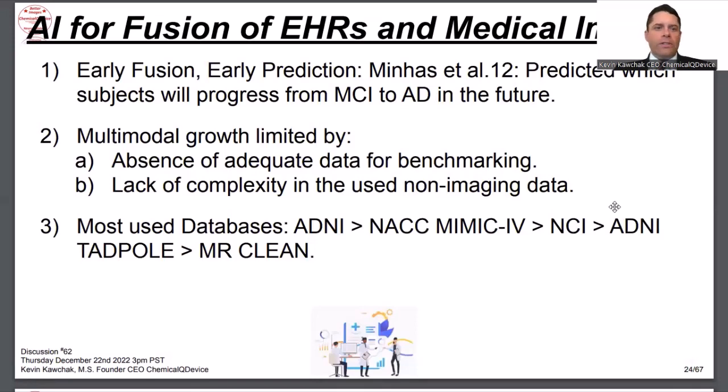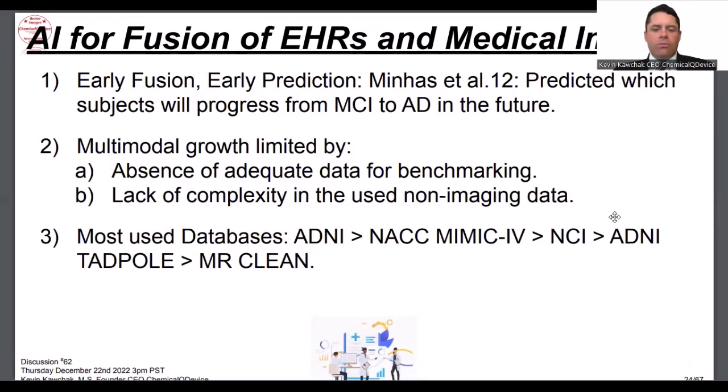So basically in all these things, it's an iterative process. You'll keep seeing these papers that pop up here. So multimodal growth is limited by absence of adequate data for benchmarking, and it lacks complexity in the used non-imaging data as well.